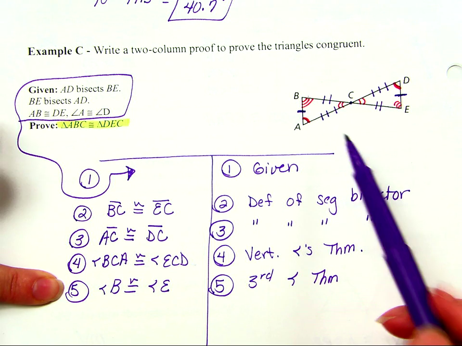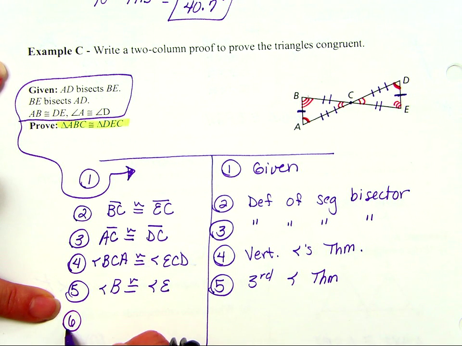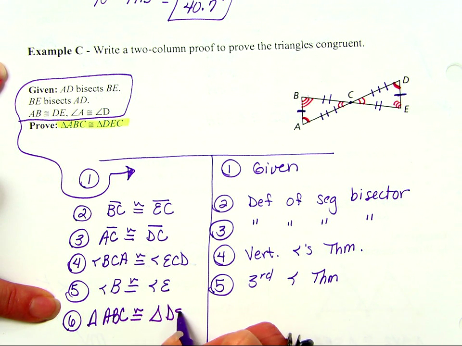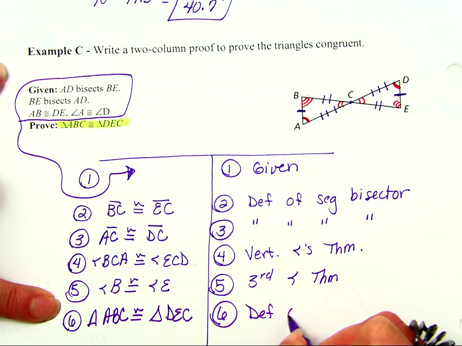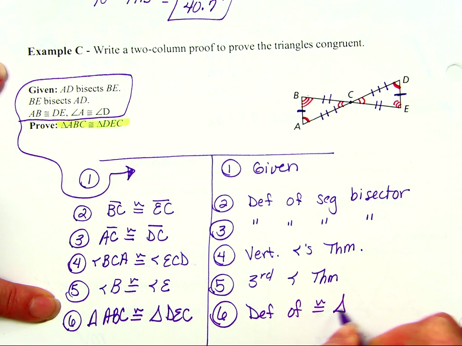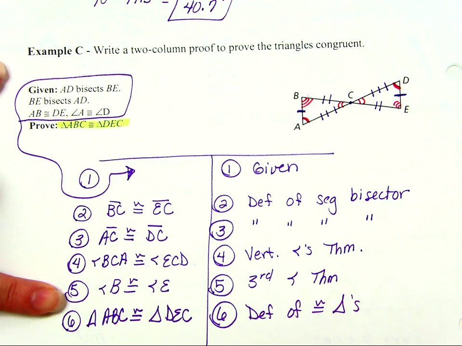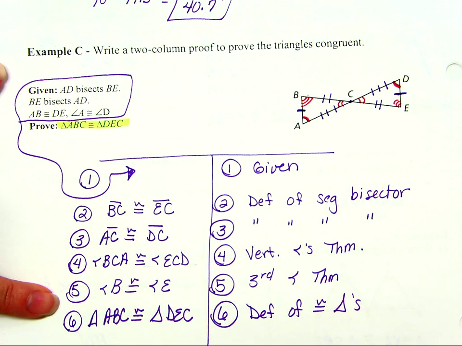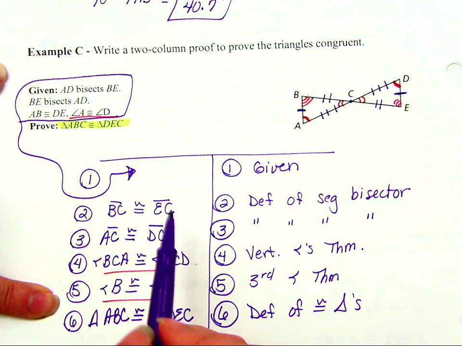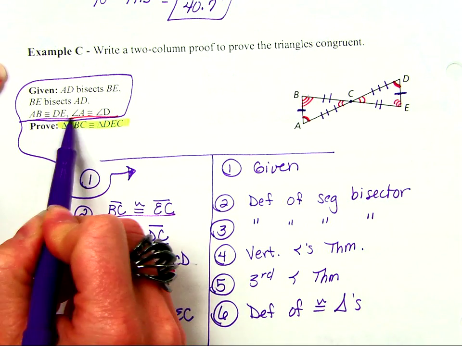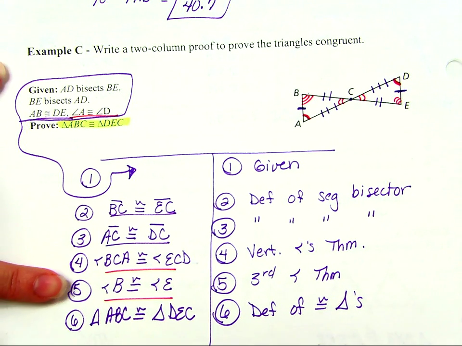We have proven our triangles congruent. I can say triangle ABC would be congruent to triangle DEC. This is going to be by the definition of congruent triangles. As we look through the proof, I can show that I have 3 sets of angles proven congruent, and 3 sets of sides. Definition of congruent triangle.